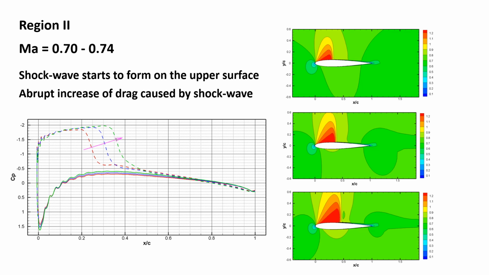That explains why we get larger CL, or the CL increases in this region too. Okay, so you can see examining the CP distribution is very important, and also the Mach number contour, the actual flow field visualization, helps us to have a clearer understanding of the flow field.